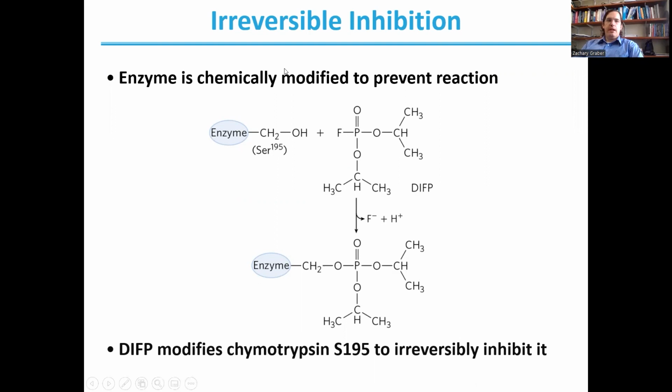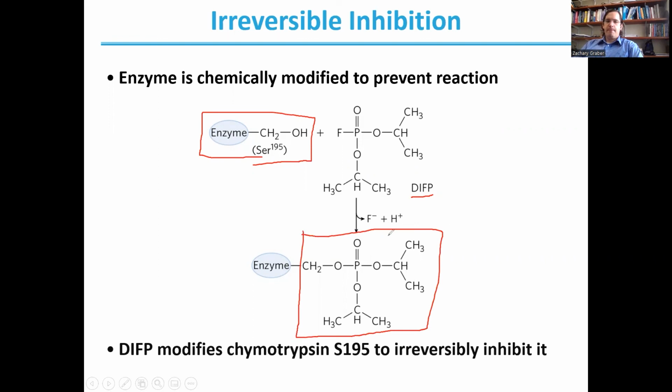So our chymotrypsin has a key serine in the reactive site, shown here, and our inhibitor here, DIFP, uses a fluorine to react with our hydroxyl group of our serine and add on this large structure to our serine. So you can see now we've created a covalent bond between our serine and this phosphate from our inhibitor.